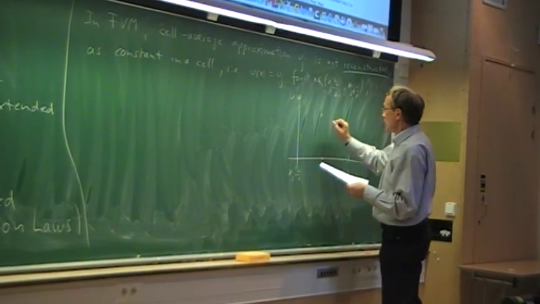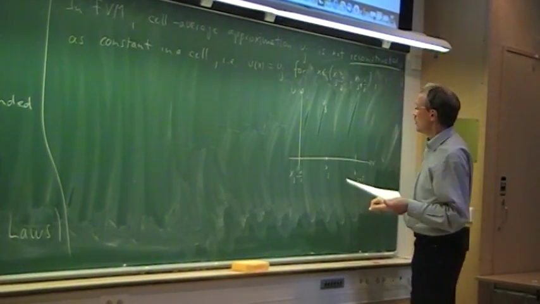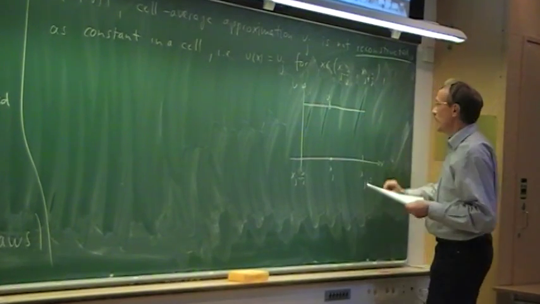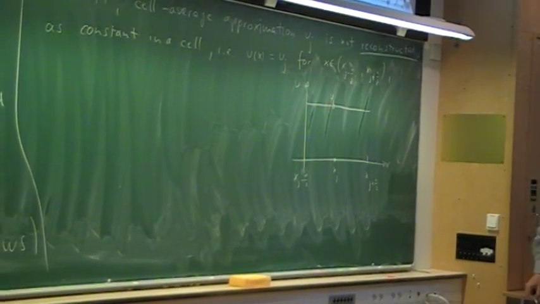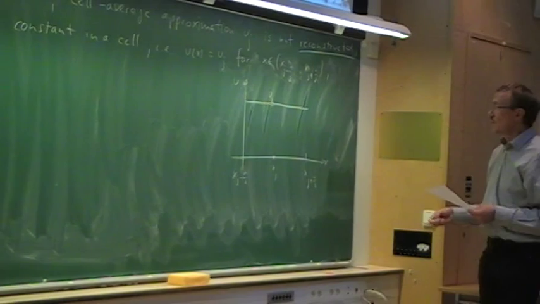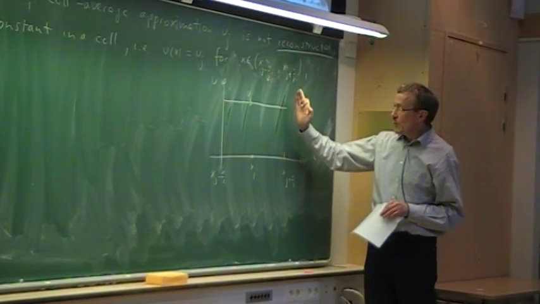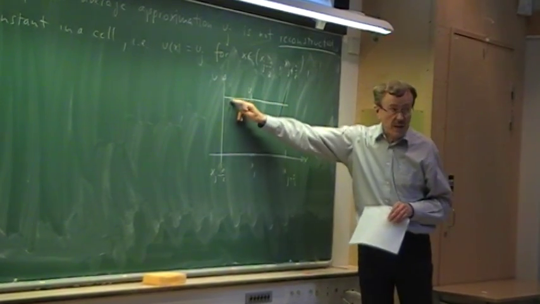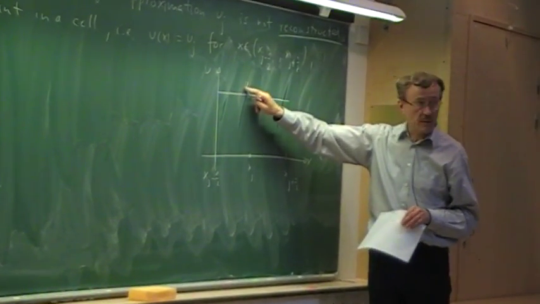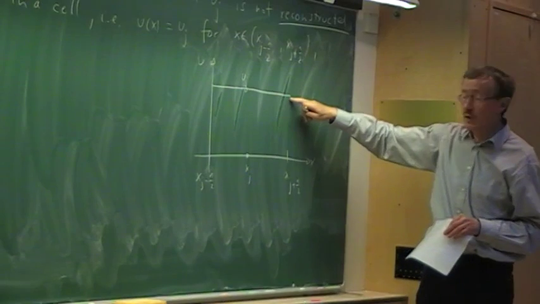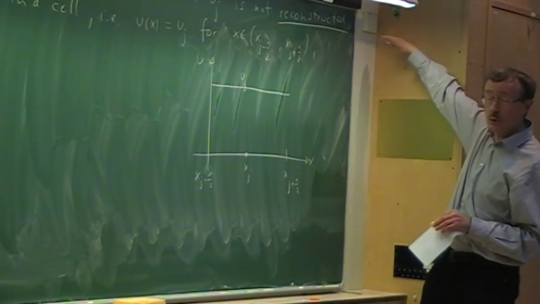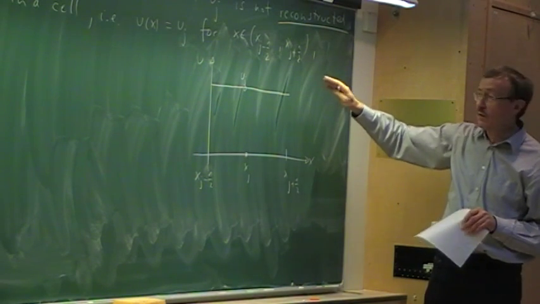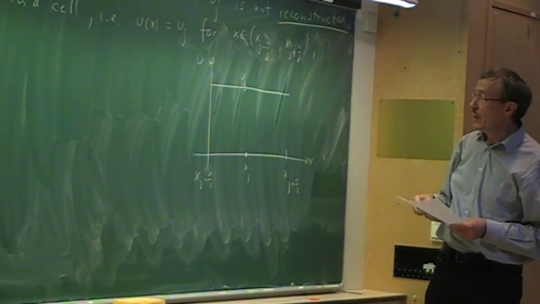If that is then our uj, we were assuming for doing the Godunov method that this is constant. That was what we have always done. Because when we solved the Riemann problem, we assumed that the value of u of x as a function is like that. So we were assuming that it is constant in each cell, uj plus 1 constant in the neighboring cell, and so on. We were always assuming that the distribution is constant.